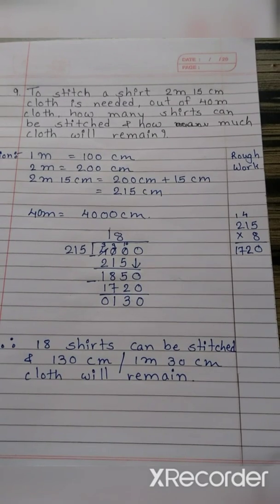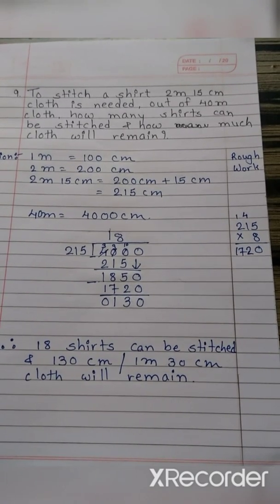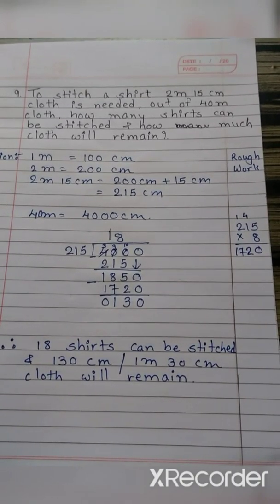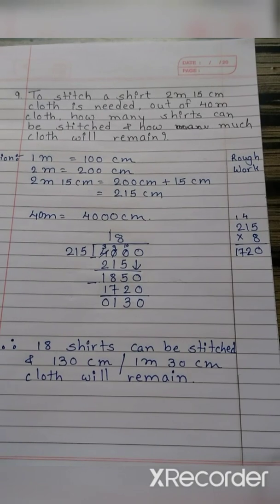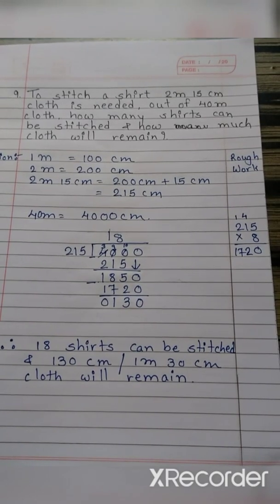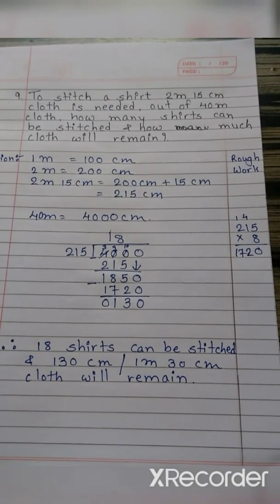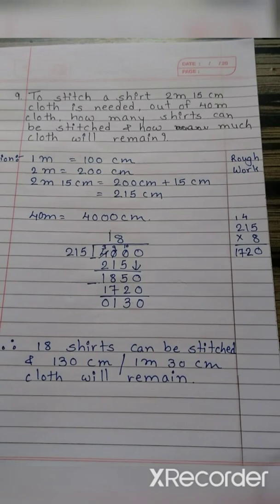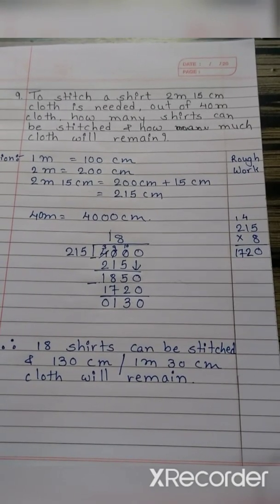Example: to stitch a shirt, 2 meter 15 cm of cloth is needed out of 40 meter of cloth. How many shirts can be stitched and how much cloth will remain? Here first we need to convert the units which we have learnt in the previous session.